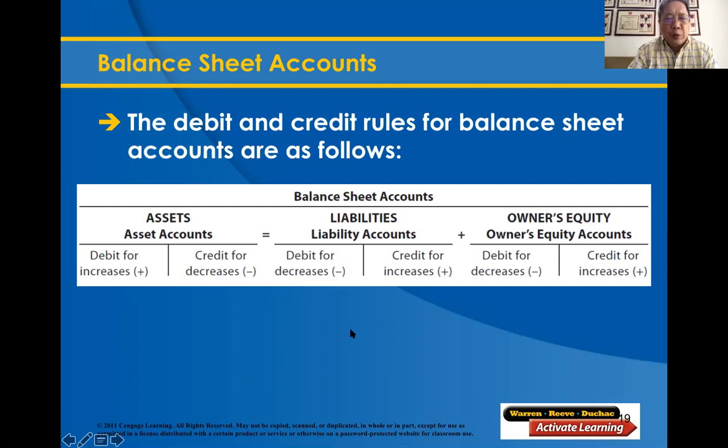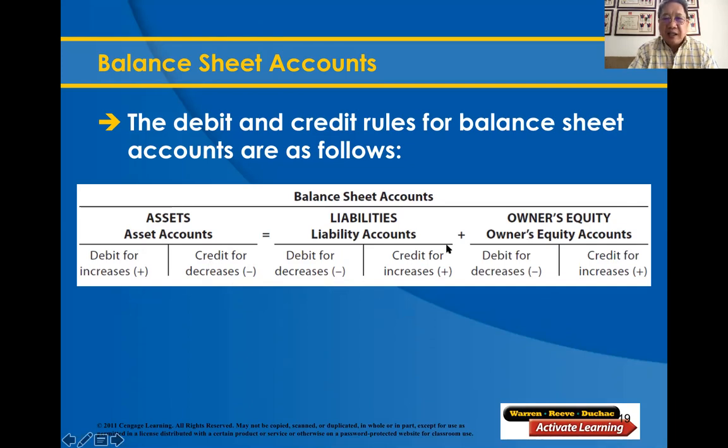Hindi ako magagalit kung gagamitin niyo yan as kodigo sa ngayon. Pero pagtatagal, dapat sa ulado nyo na siya. Na automatic na sa inyo na pag nakita nyong debit cash, increase yun. Nakatanggap ka ng cash, increase yun. May binayaran ka, ibig sabihin nun, nabawasan ng cash mo, credit yun. And so on and so forth.